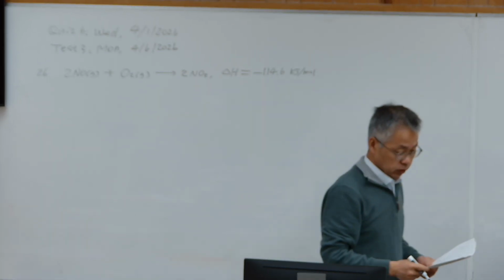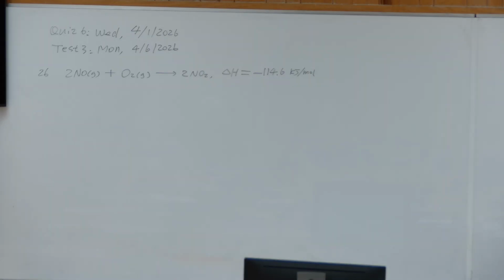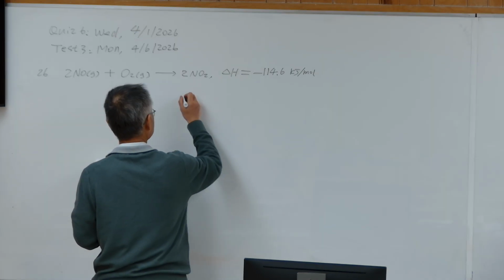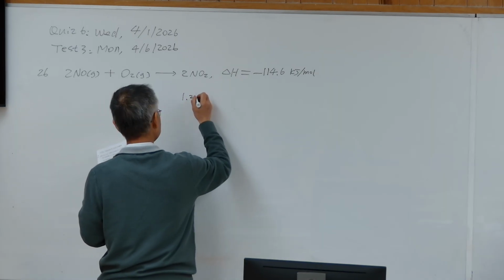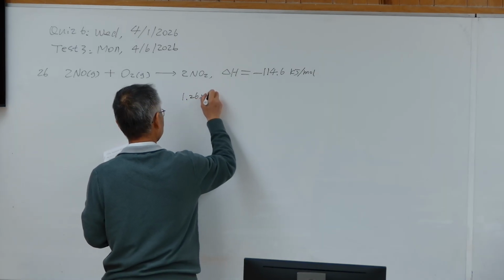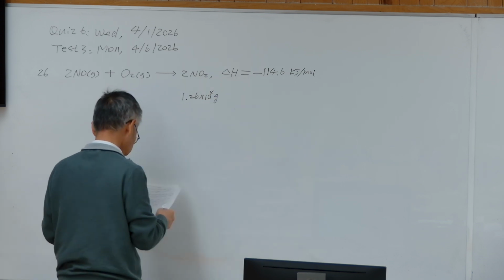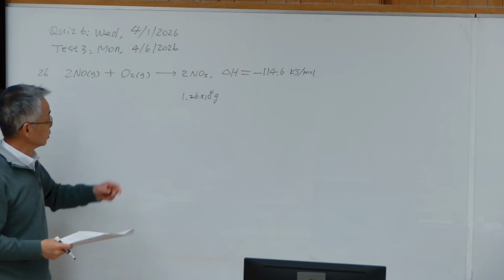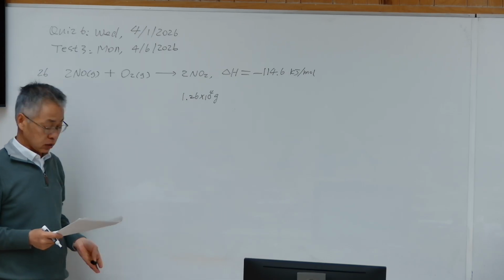Now we ask how much heat is given off when 1.26 times 10 to the fourth power grams of NO2 are produced, based on this balanced thermochemical equation.